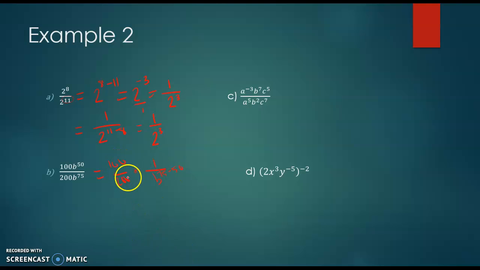All right, so 100 over 200 is 1/2. Now, the 1 stays, so 1 times 1 is 1. 75 minus 50 is 25, so we get B to the 25th, with the B being in the bottom because that's where it was bigger. And so we have 1/2, or 1 over 2 times B to the 25th power.